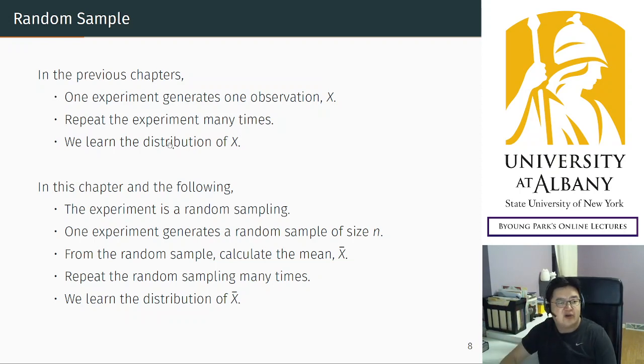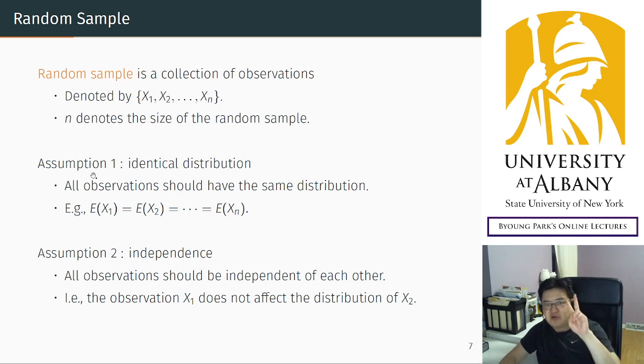I forgot to mention this: there are two assumptions for random sampling. They are very fundamental assumptions, but also theoretical assumptions, and they are required. I am going to assume these assumptions are satisfied all the time from now on. I'm not going to question these assumptions in this course.